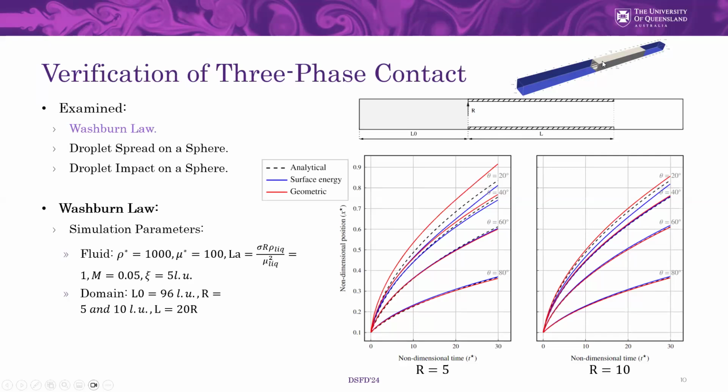The thing that I want to highlight here is that we're specifically trying to capture these scenarios with relatively coarse grids, because for porous media flows in general, where we have a CT scan, we're not always going to have the best resolution through our throats. So we did test this, for example, at a resolution with 5 lattice cells across our radius and 10 lattice cells across the radius. And in both cases, they perform reasonably nicely.